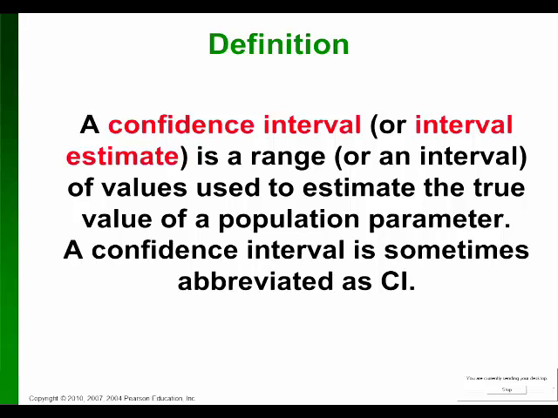That's a confidence interval. When I say I'm 95% sure that the average amount of soda in any can of soda is somewhere between 7.9 and 8.1, I've just given you a confidence interval.